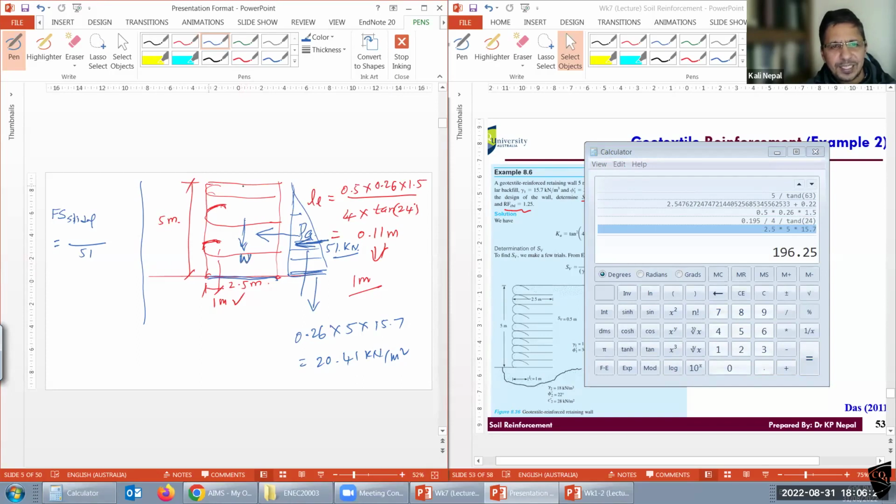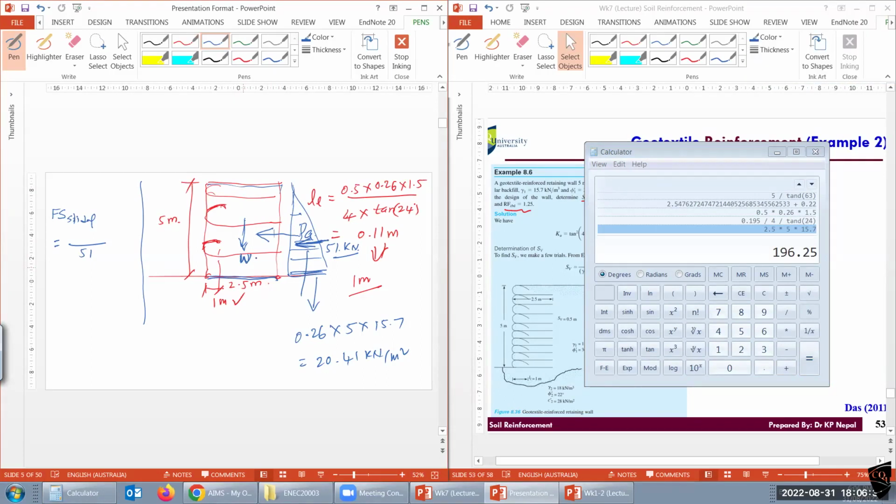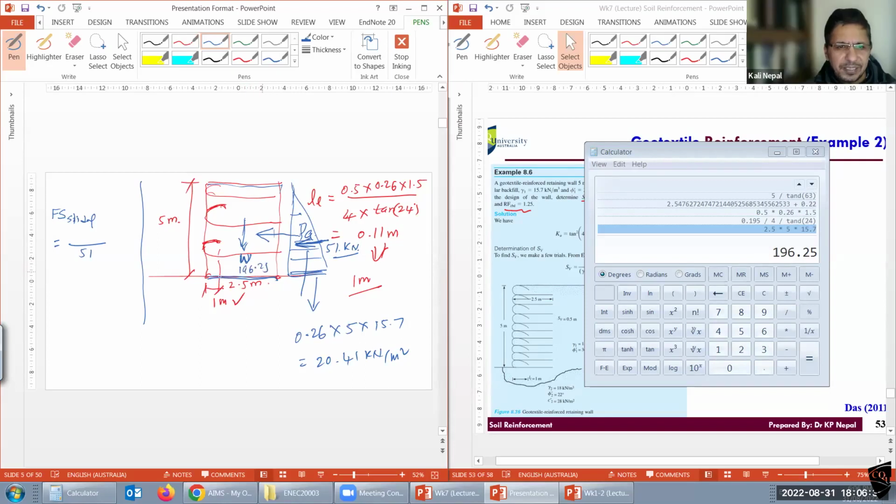Weight of this block. Is that okay? Okay. So 196.25, but because of this friction, 2/3 of that again, 196.25 times tan of 2/3 of 36. Can you calculate now what's the factor of safety you got?